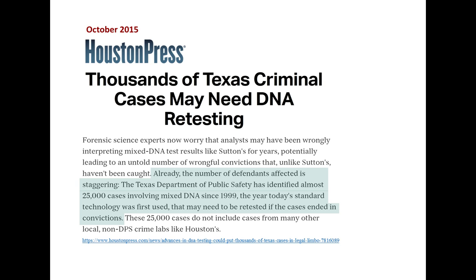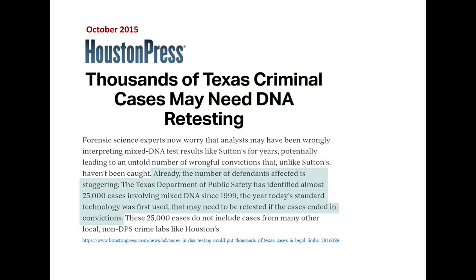So there was a statewide audit of all the DNA labs in Texas, and they wanted to look at how many cases have already been adjudicated and how many current cases we have where a DNA mixture is a key part of the evidence that either was used in the original conviction or acquittal or is currently being used for current probative cases.